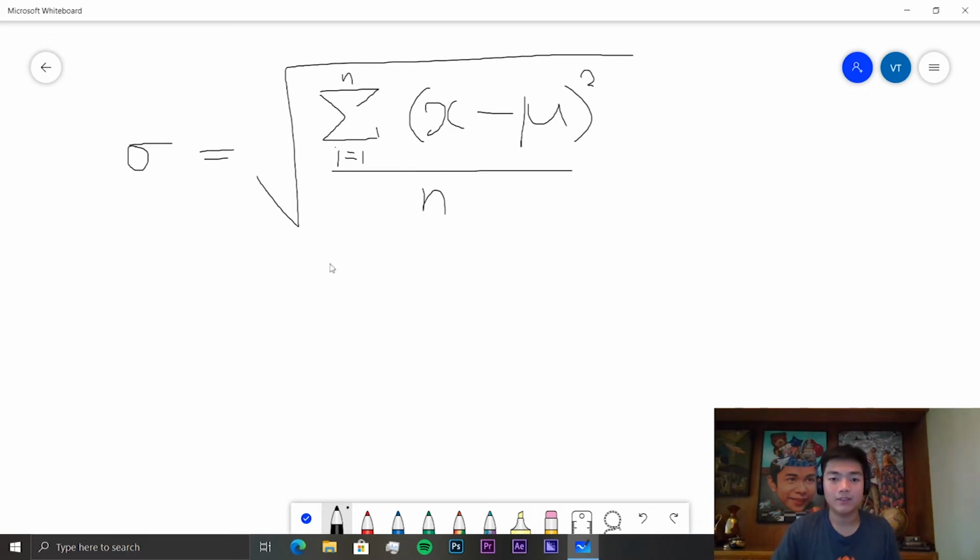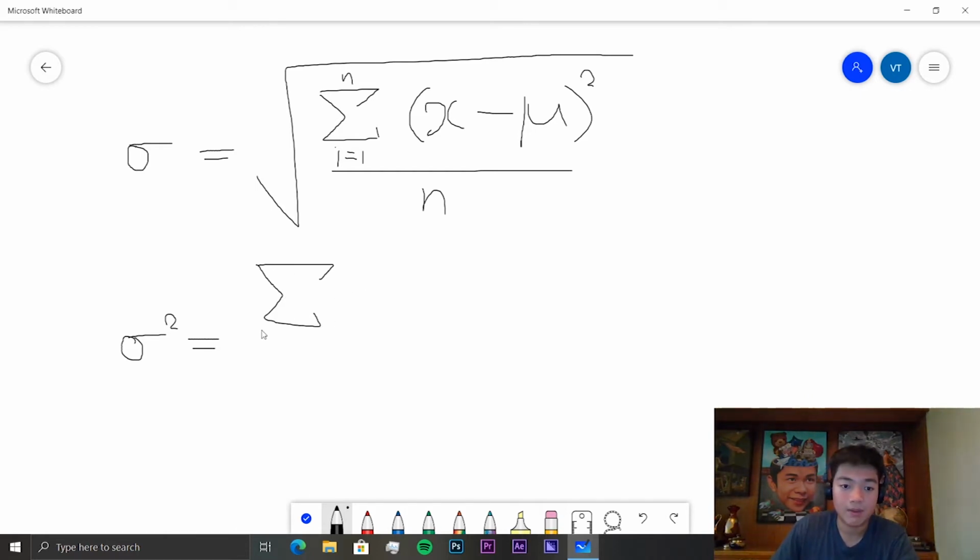So this is standard deviation, and variance is equal to standard deviation squared. We represent it with sigma squared, and this is simply equal to the mean average of the squared distance between each data point and the mean.